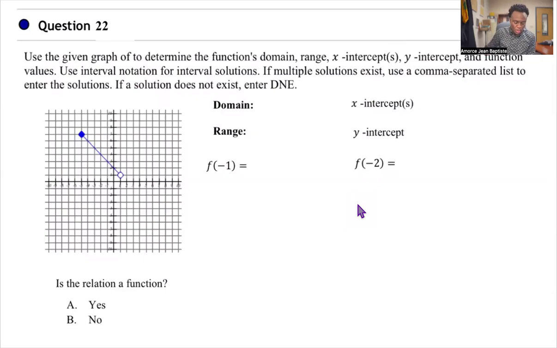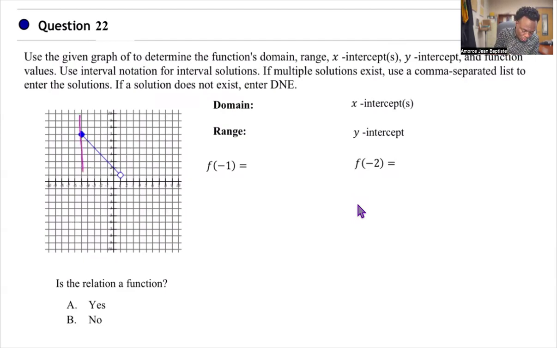Here, for this question, we've done multiple problems of the same category, but over here they are asking me more questions on that. So domain is how far it goes from left to right.